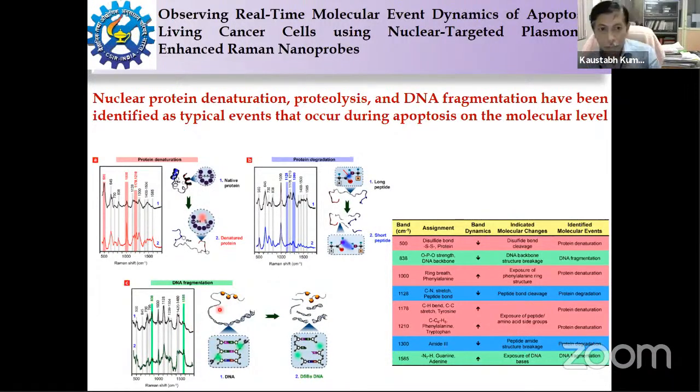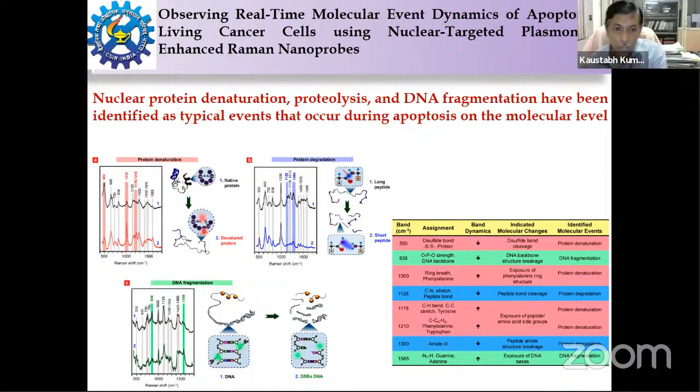These minute biomolecular changes, suppose protein denaturation. A protein has two states, the native state and the denatured state. In the native state, it has a lot of disulfide bonds, these S-S bonds, which hold the protein together. But in the denatured state, these S-S bonds are cleaved.